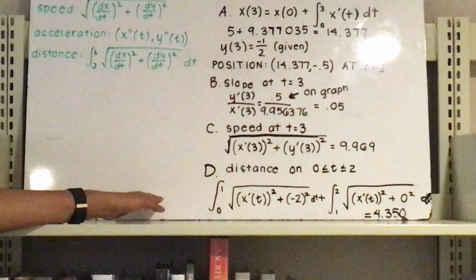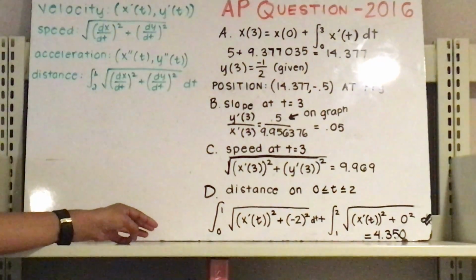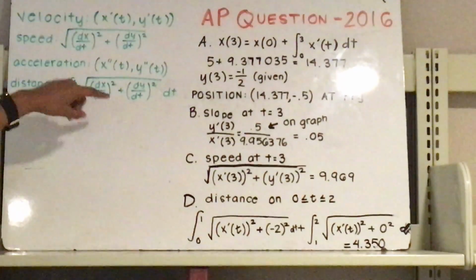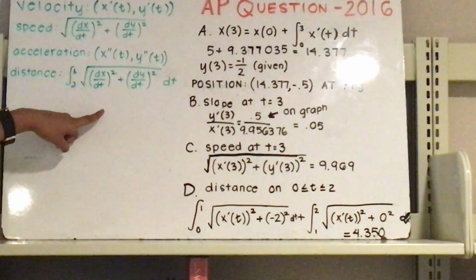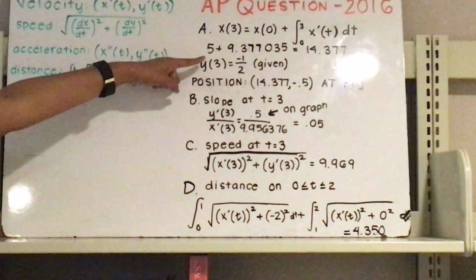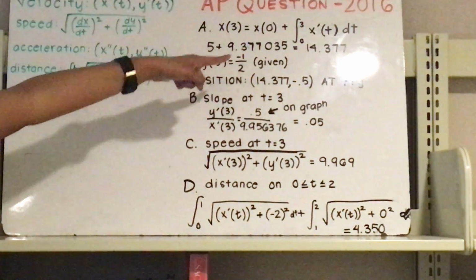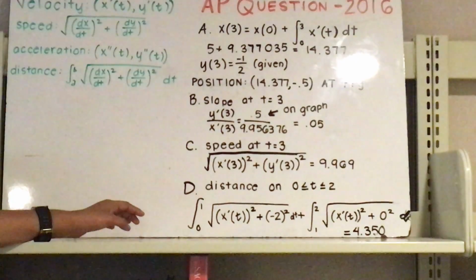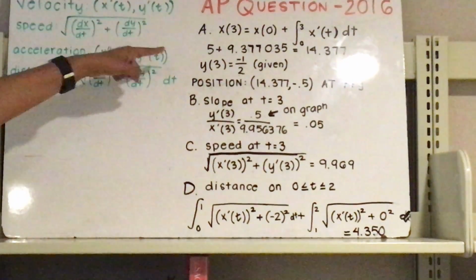The first one, if you're looking at the page, is asking for the position at time t equals 3. They've given you x of t at t equals 0, and they're asking you to find x of 3. So what you want to do is add x of 0 plus the integral from 0 to 3 of x prime of t dt. So this will give you the position at time equals 3.